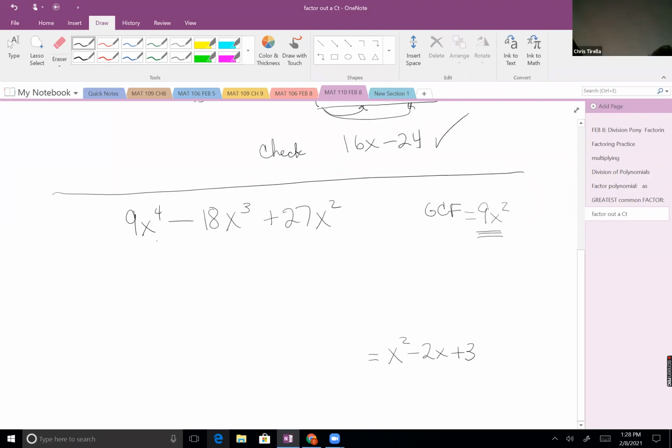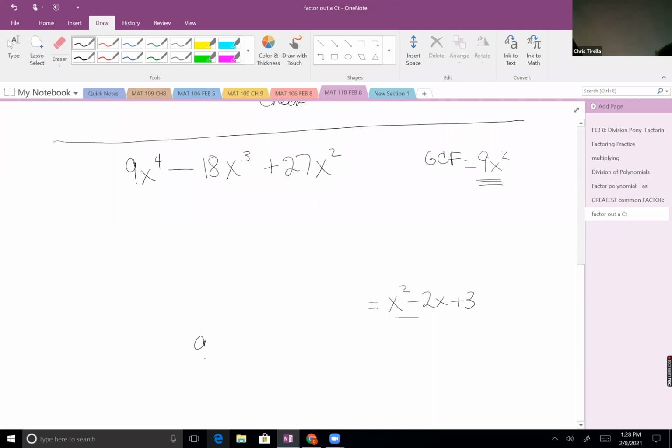And if I divide by 9x squared, I get x squared minus 2x plus 3. So my final answer would be 9x squared times x squared minus 2x plus 3.